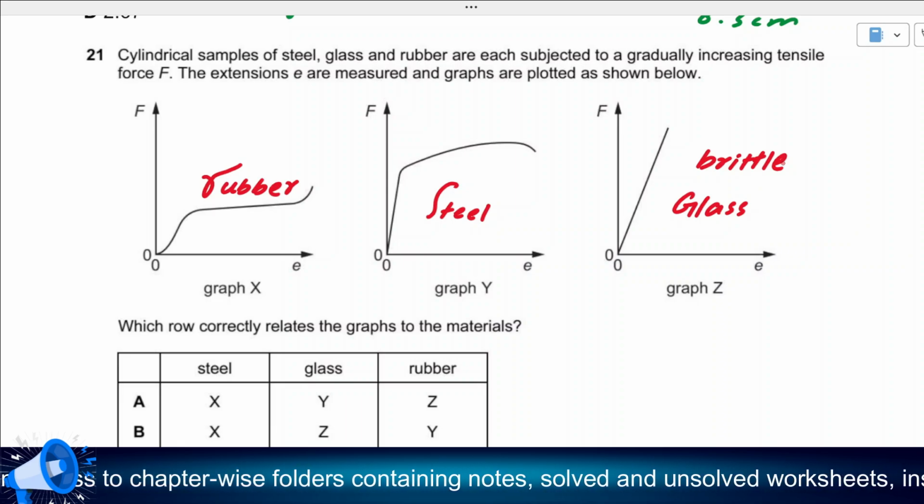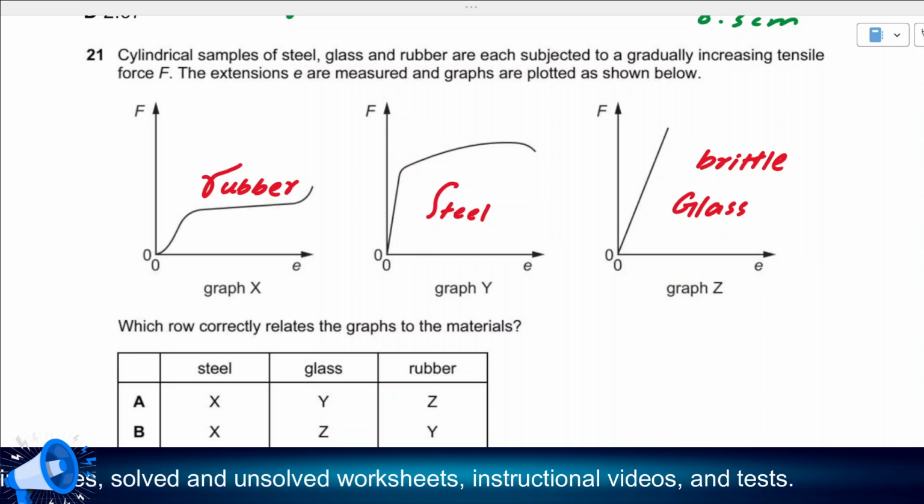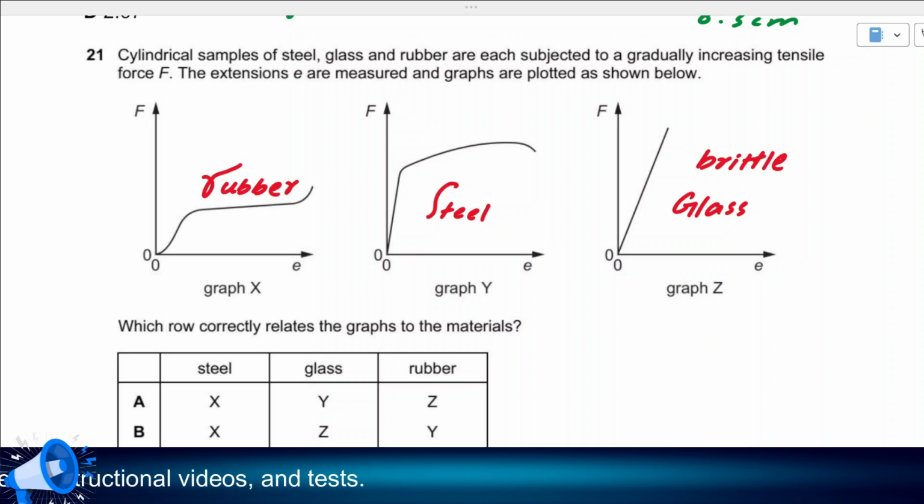It is no longer included in the syllabus, but we'll just go through it anyway. So if we take a look at the given options, then this one should correspond to steel, the last one glass, and the first one rubber.